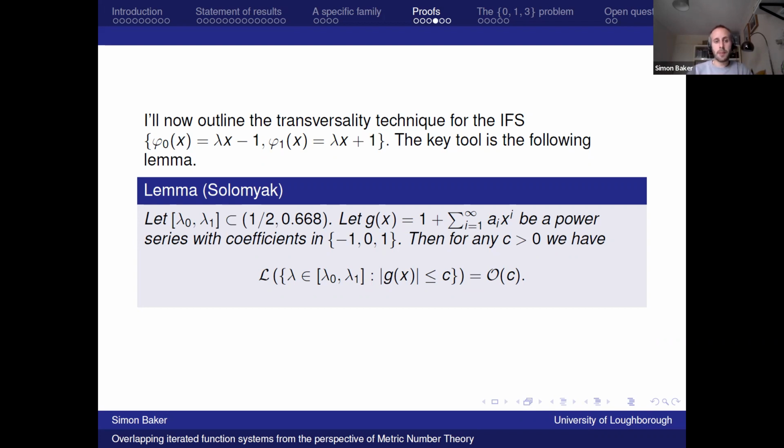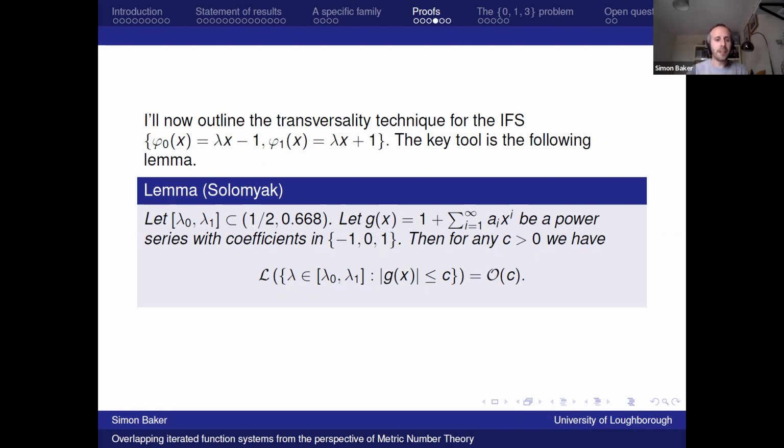And there is this lemma of Solomyak, which tells you that if you restrict to some interval between 0.5 and 0.668, then for any function g of x of the form 1 plus a power series where the coefficients are -1, 0, and 1, the Lebesgue measure of those points for which g of x is less than or equal to c is going to be of the order of c.